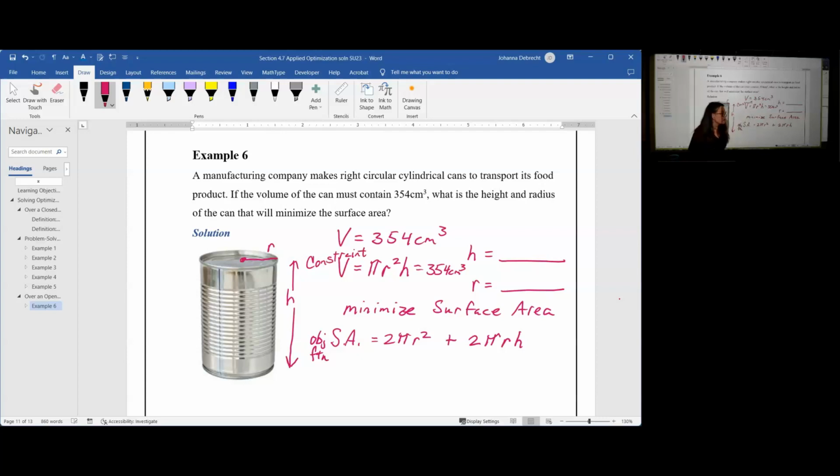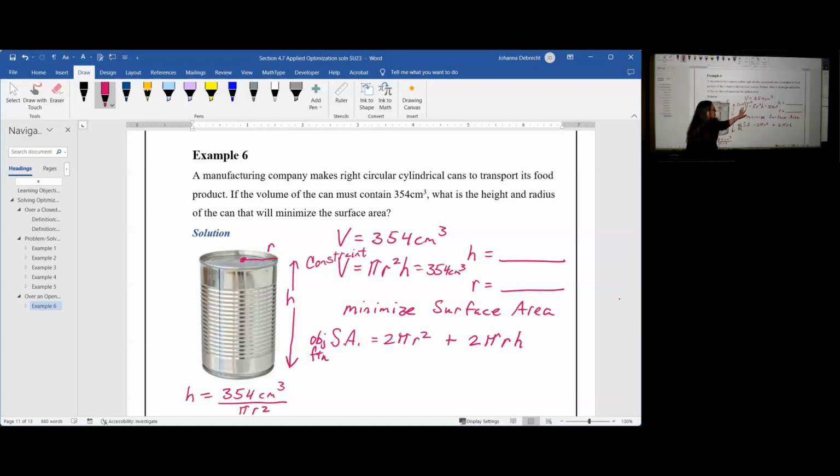In this case, because r is squared, it would be easier to go ahead and eliminate h by solving for h. From the constraint equation then, I'm going to have h equal to 354 cubic centimeters divided by pi r squared.